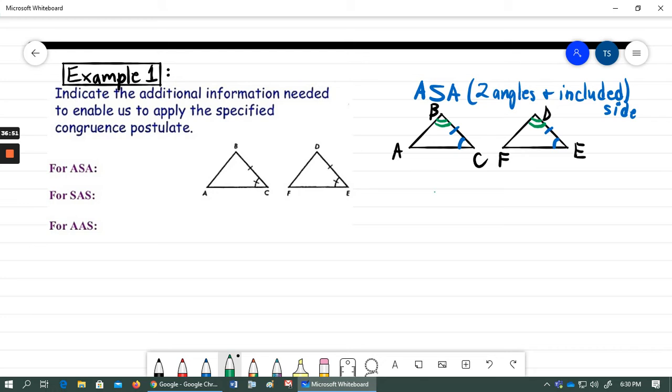Angle B would have to be congruent to angle D. If angle B was congruent to angle D as well, then we could say that those two triangles are congruent by angle side angle. You get what I'm saying?